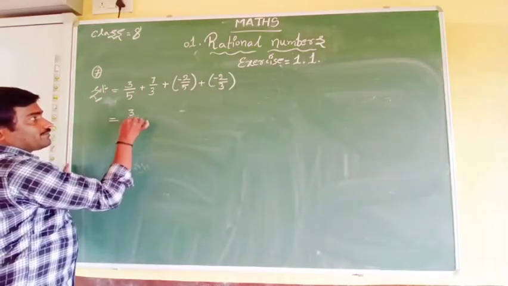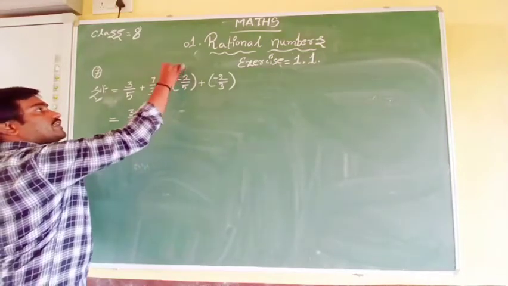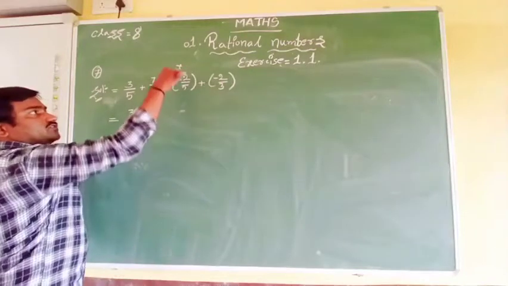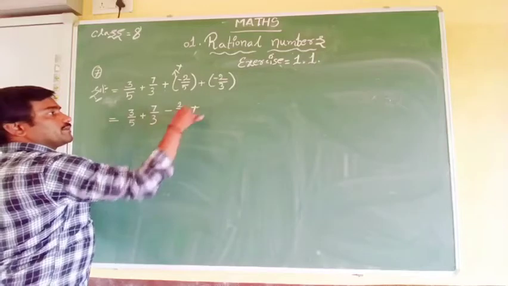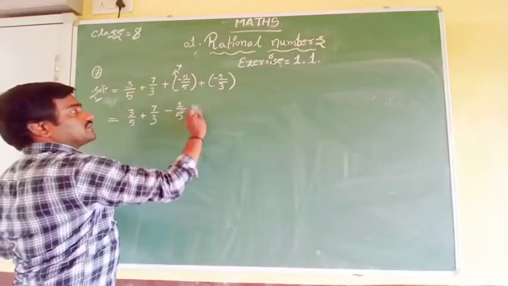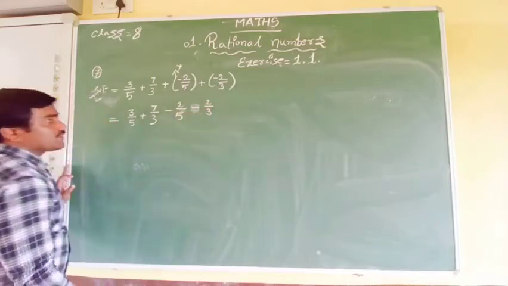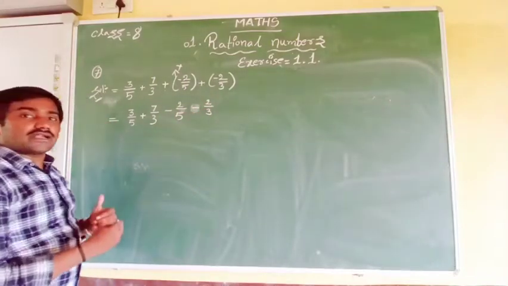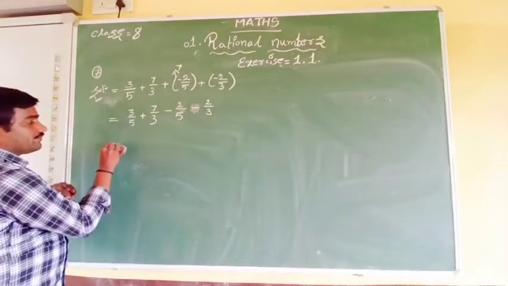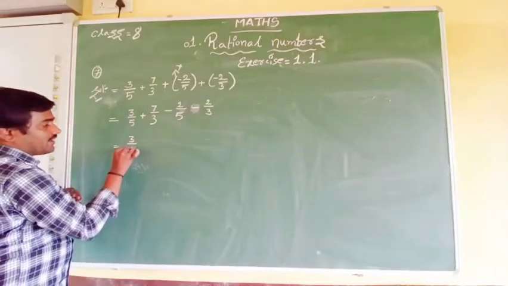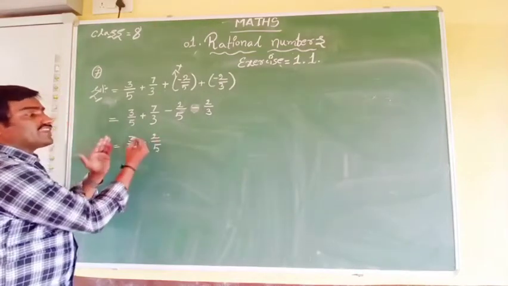Here 3 by 5 plus 7 by 3 plus of, in the sense of multiplication, plus into minus is minus 2 by 5, plus into minus is again minus 2 by 3. So what rearrangements are required here? 3 by 5 minus 2 by 5. We write together. 3 by 5 minus 2 by 5. Why sir? Because these two are like fractions.